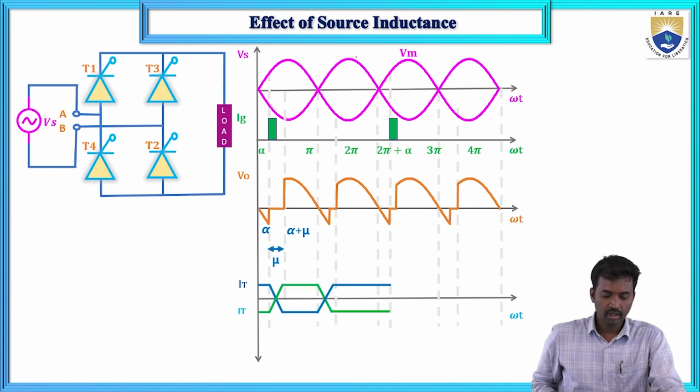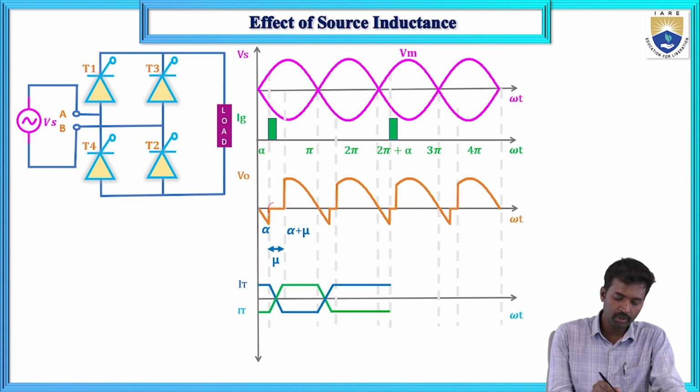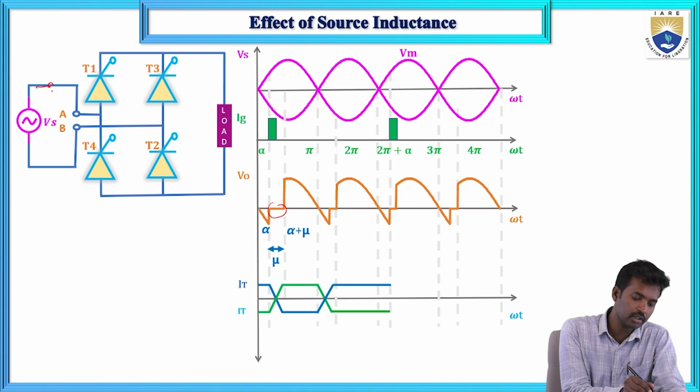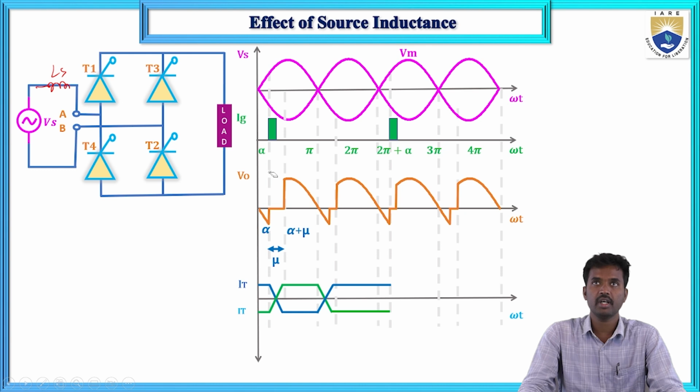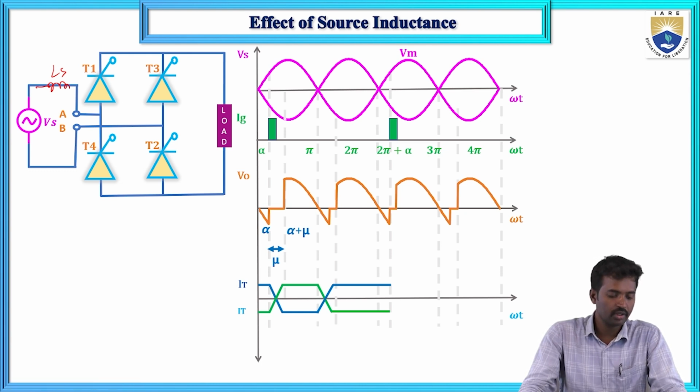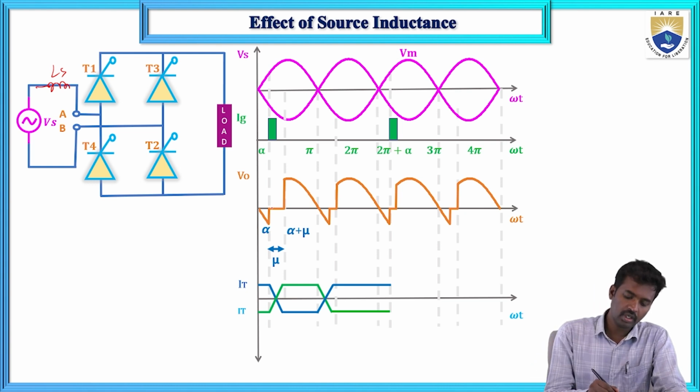But here, what is the range? Because of the source inductance Ls, the output voltage will reduce. We have already seen this in the single phase bridge inverter. Because of the source inductance, it will not conduct starting from alpha; it will take some time to reach.